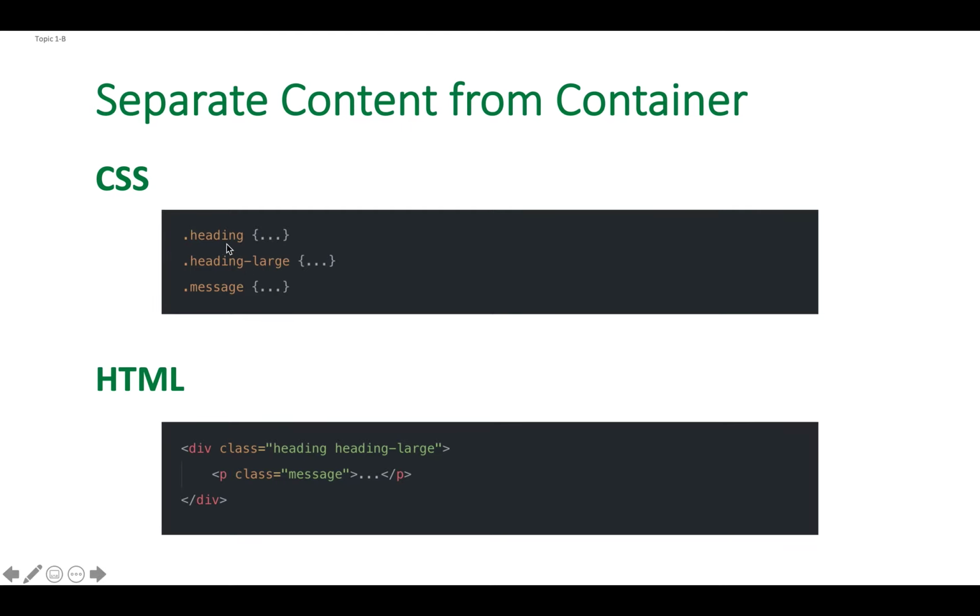So the CSS, there's 3 classes: heading, heading large, and message. So the classes heading and heading large are applied to a parent element of the paragraph. So the div is wrapping around the paragraph, and the paragraph has its own class of message applied to it.